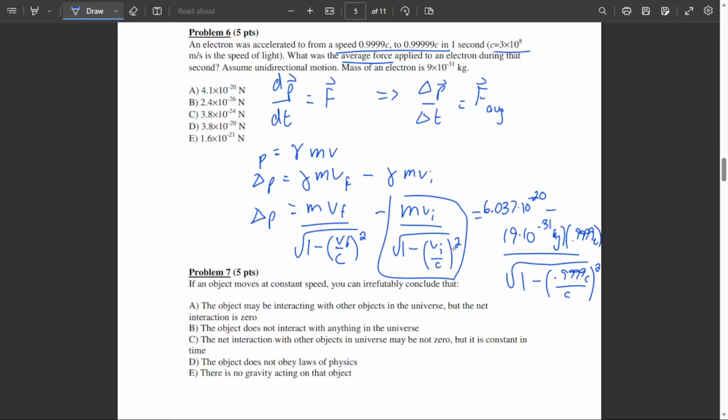So, plug this all in, and we get 9 times 10 to the minus 31 times 0.9999 c divided by the Lorentz factor, or technically 1 over the Lorentz factor.